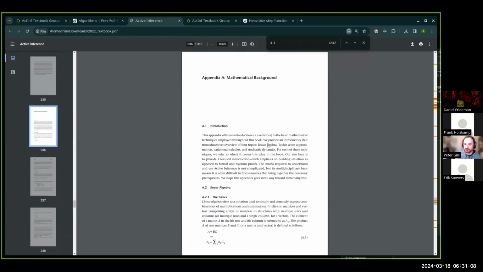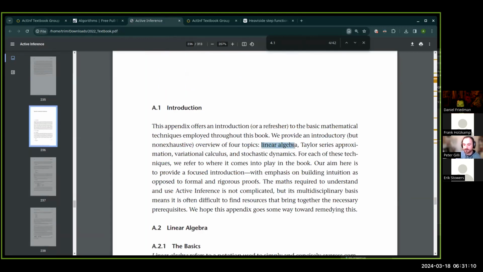I think it's A, linear algebra, so doing operations on matrices, adding and multiplying and products on matrices. Taylor series approximations. This is important for the continuous time. This is where you take a point and then you try to extrapolate a continuation around that point. Variational calculus and stochastic dynamics.